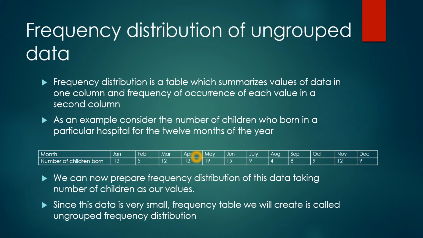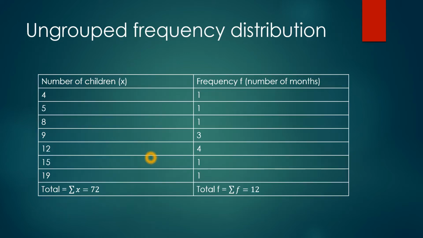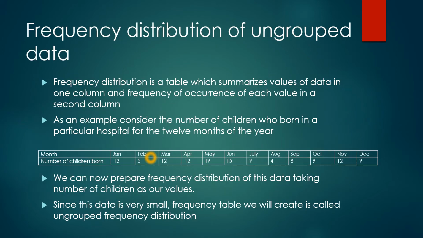There is no other month of the year which also has 5 children. So we conclude that for the value 5, its frequency is only 1 month, which is going to be 1. So this is the way we derive this short frequency distribution table that can summarize our data in its original format.